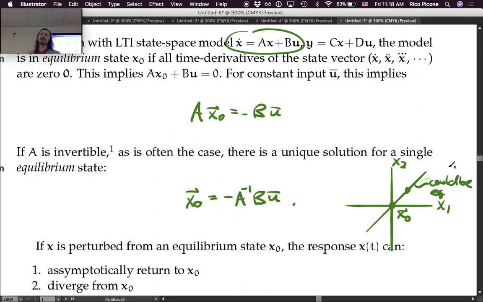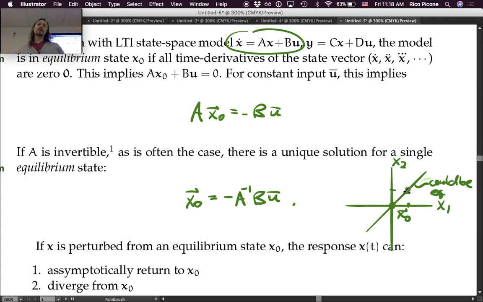Like if you just stuck it there, so you had your x1 initial be whatever this is, and then your x2 initial be whatever this is. The initial condition being in that equilibrium subspace says, oh, you're in an equilibrium spot, nothing changes.